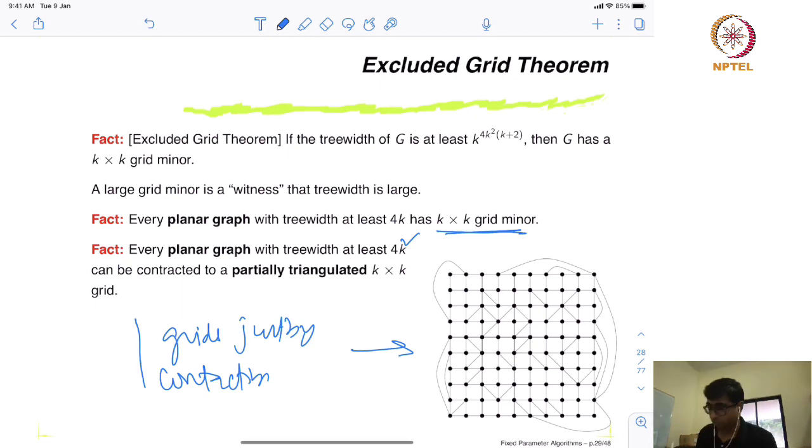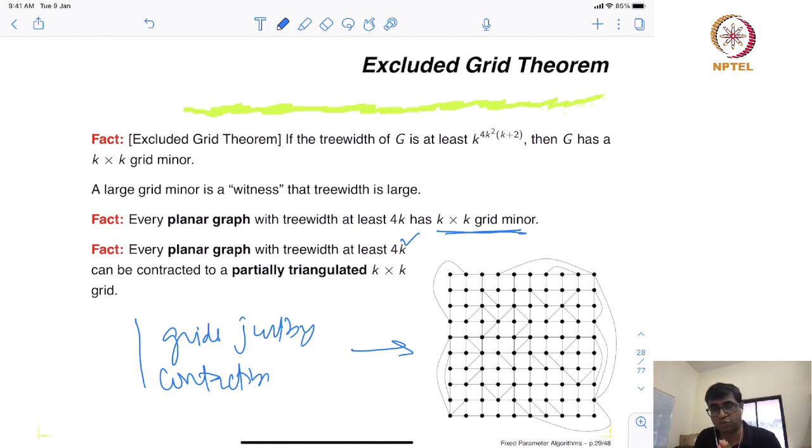Okay. So, when we say grid as a minor, we say that if the treewidth is larger than 4k, then by deleting some edges and contracting, I can get a k times k grid as a minor. But imagine that I do not allow you to delete vertices or edges, and the only thing you are allowed is contraction.